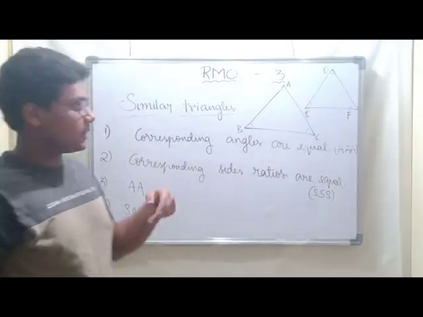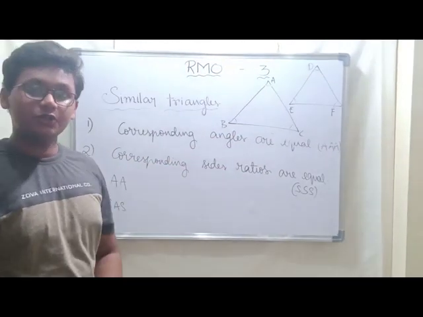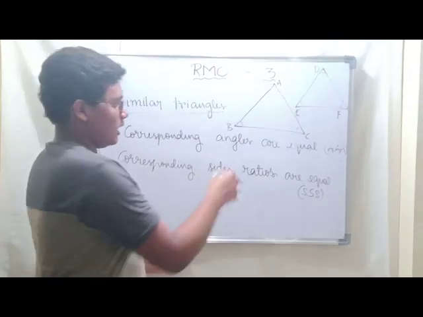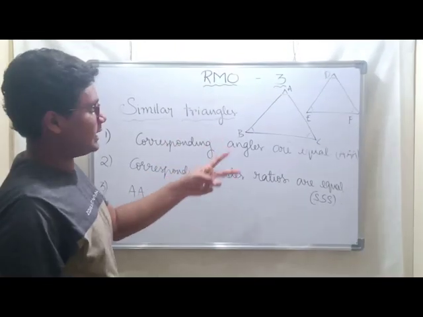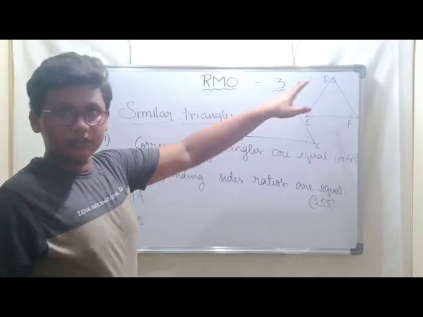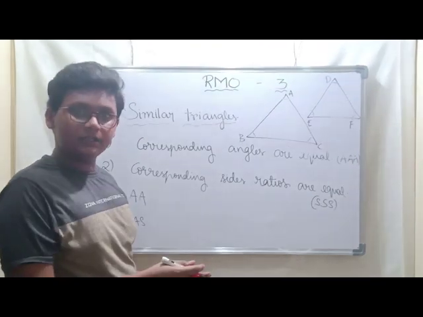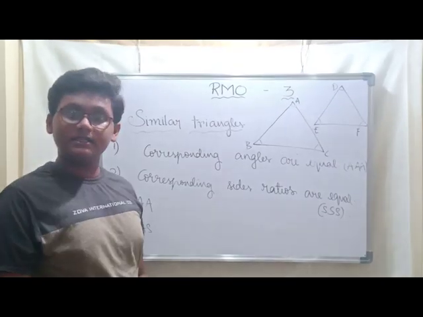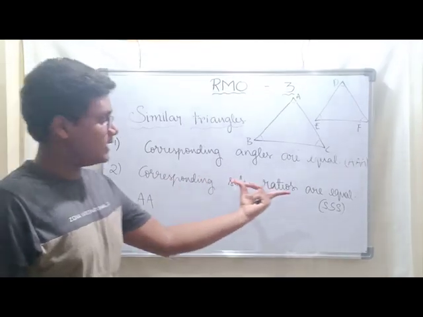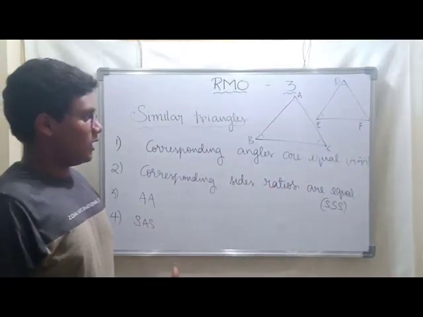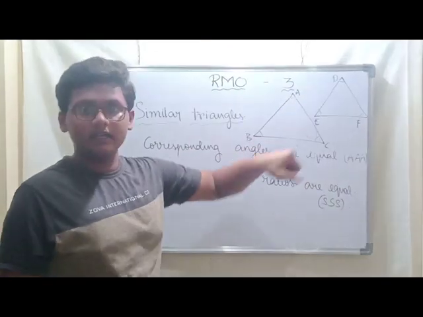There are some properties, and if two triangles satisfy them, then those two triangles are said to be similar triangles. First one is AAA, triple A similarity. If the three angles in one triangle are equal to the three angles in the other triangle, then those two triangles are similar. Similarly, if the ratios of three corresponding sides are equal, then those two triangles are similar.